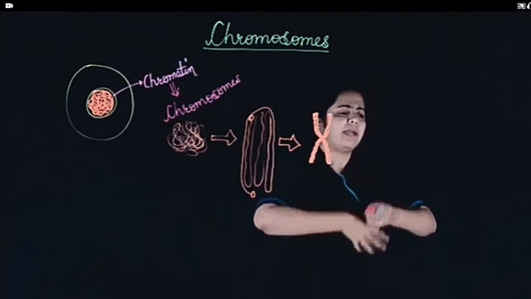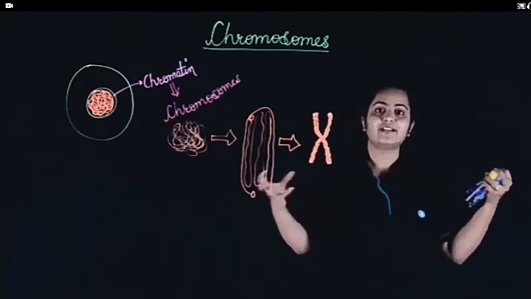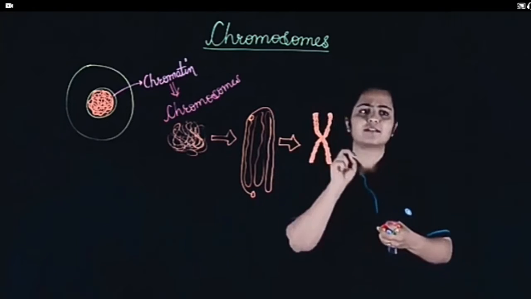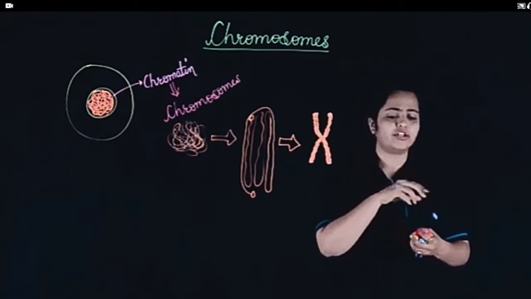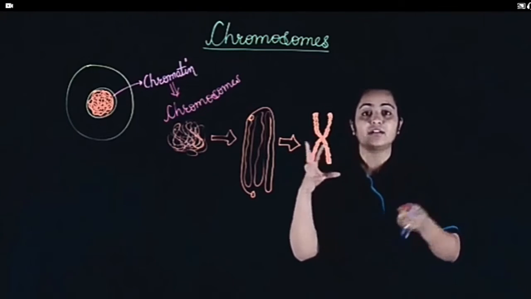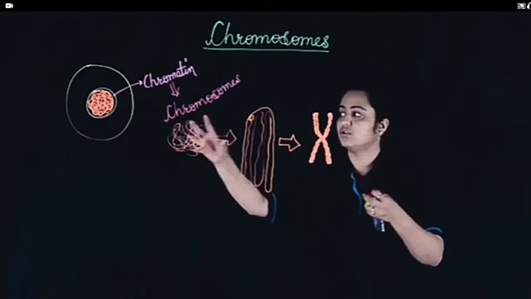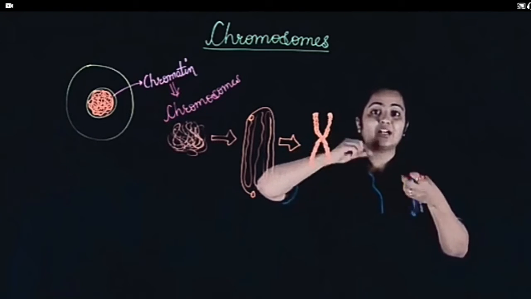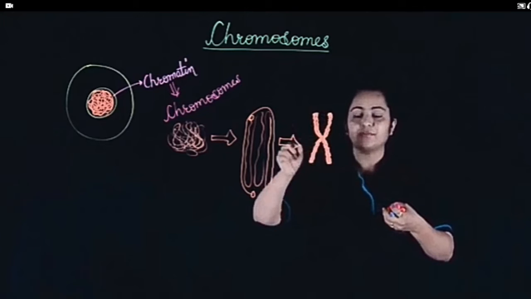It is just like many different colored threads coming together with its own copy. For example, say 2 red ones, 2 blue ones, 2 green ones, 2 orange, 2 yellow, 2 white, 2 purple. All these color threads will come together and they'll form this huge mess. Out of them, each one will start coiling independently and they will form structures like this.